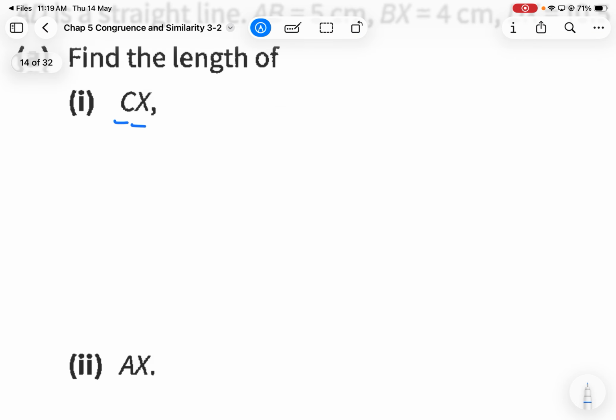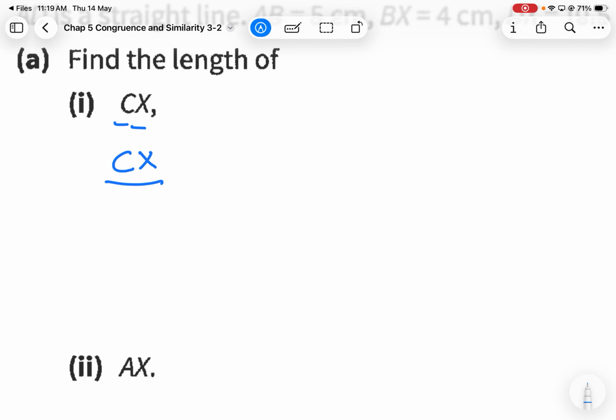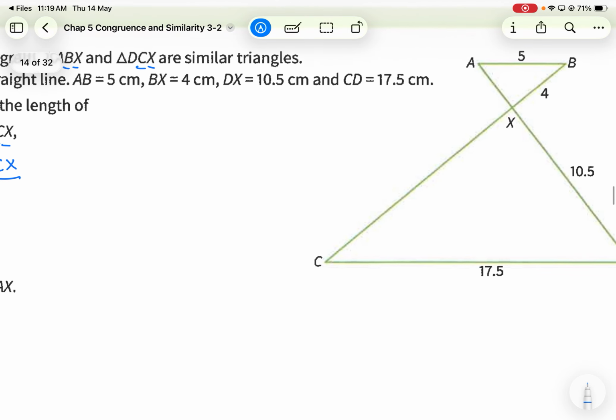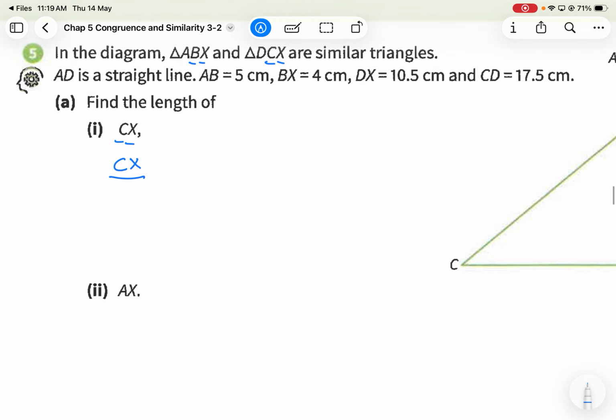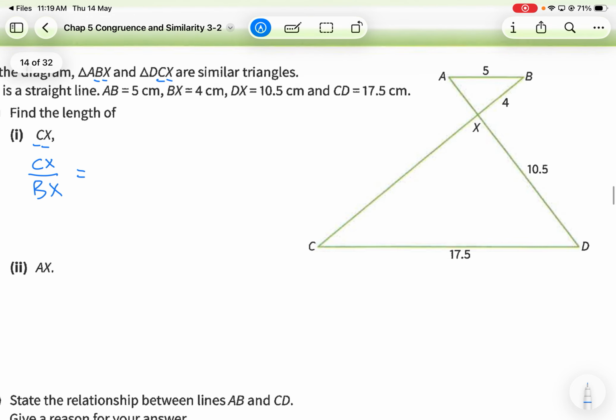So when I want to find CX, I put CX over the corresponding side, which is BX. This will give me the scale factor, but at the same time, I have a known pair. The pair that I know is AB and DC.